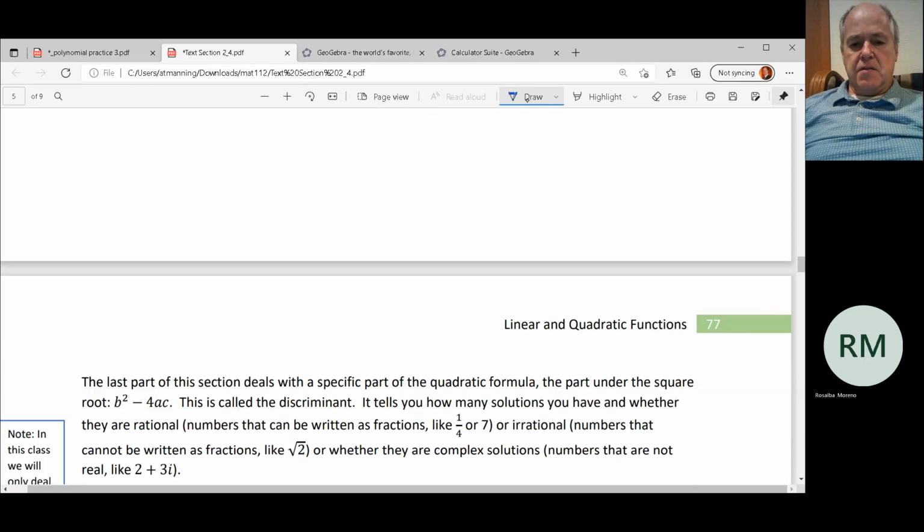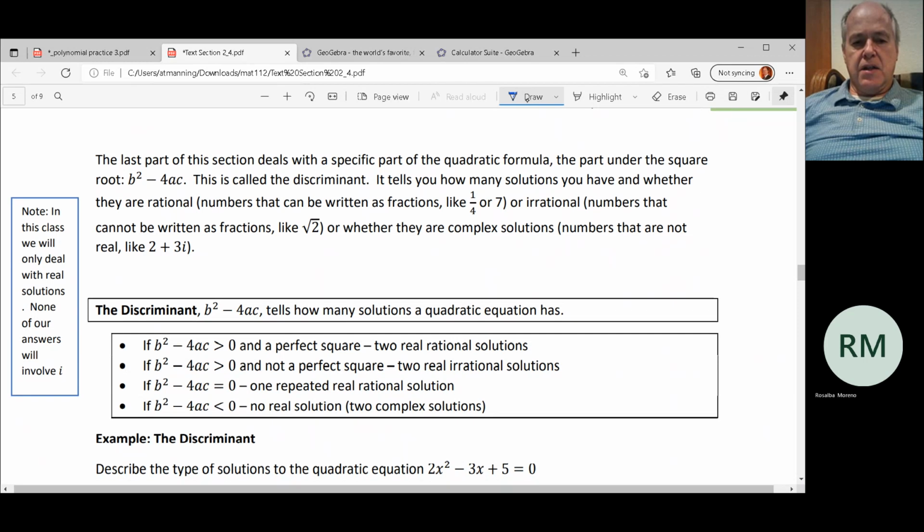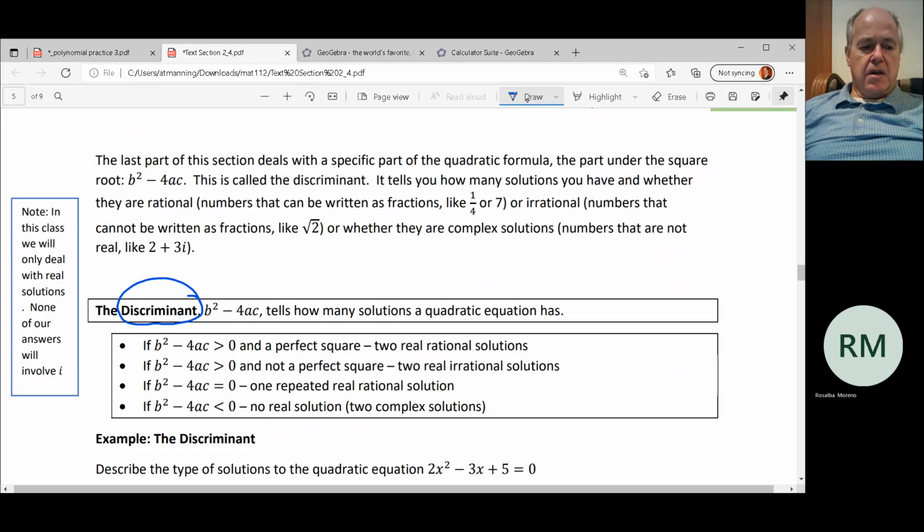Now, a little analysis of this helps you to see this thing inside the square root we like to call the discriminant, because when that ever goes negative, the square root of a negative number is not a rational number, but is an interesting number that mathematicians actually care about.